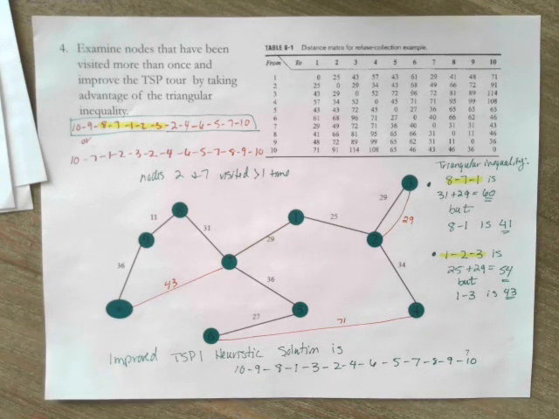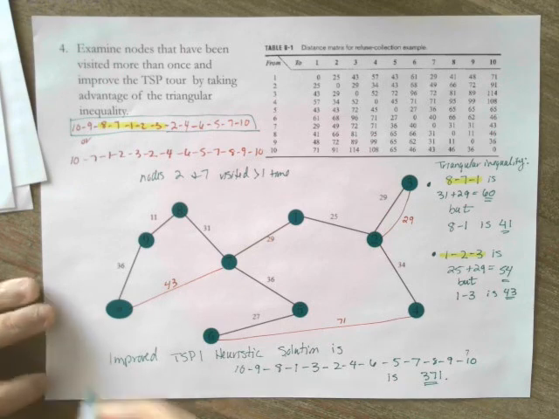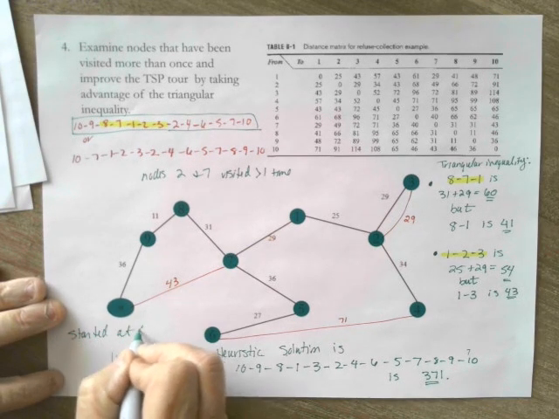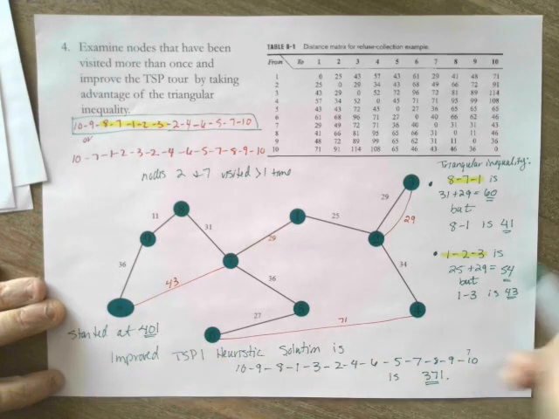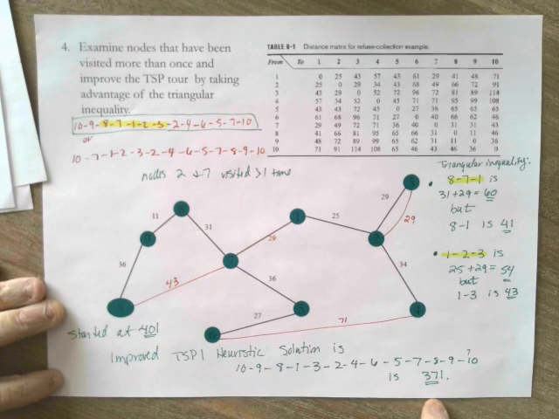Now, if you do this, it should work out to be 371. Remember, we started with 401 units. Then we used the triangular inequality. We were able to shave off 19 and 11, which is 30. So 401 minus 30 gets me 371.